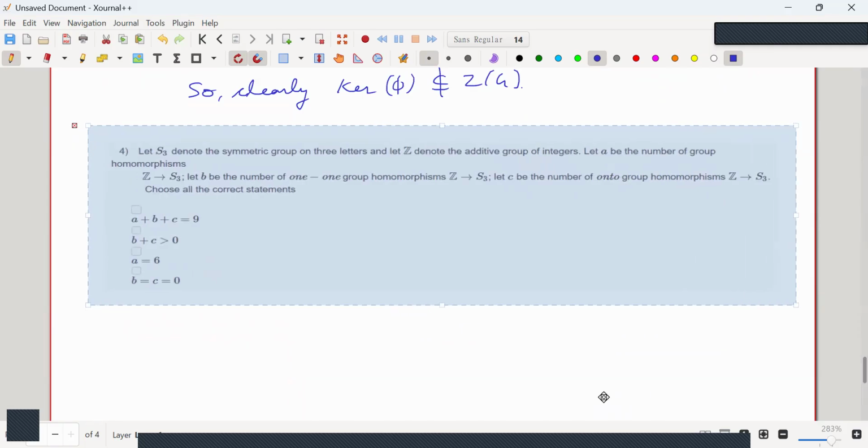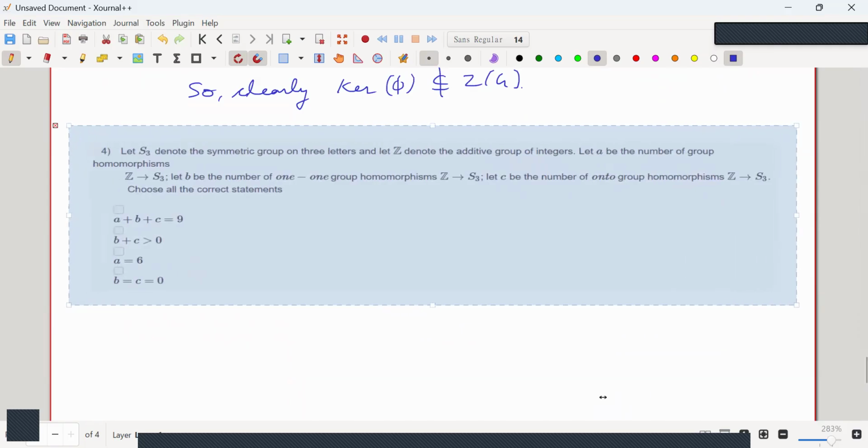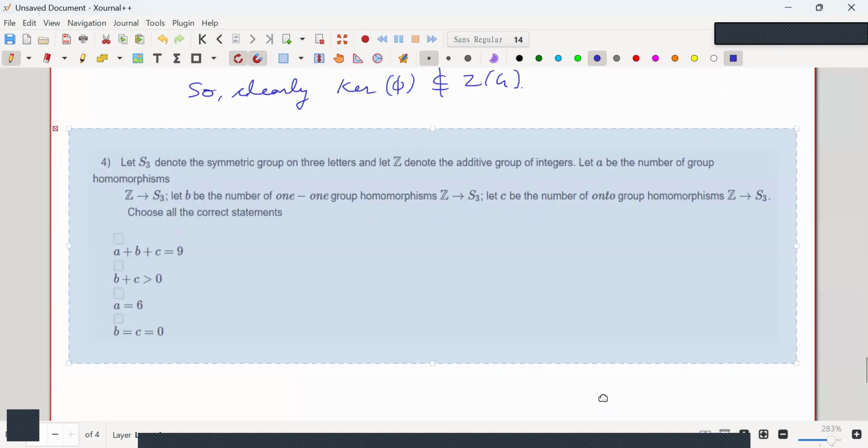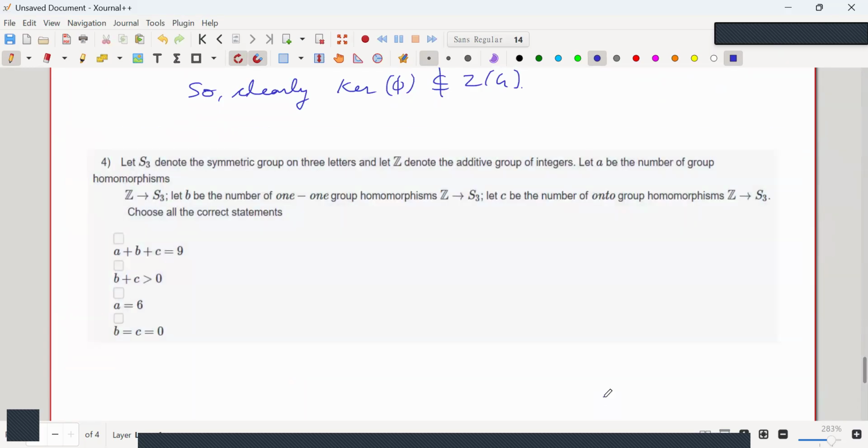So let S3 denote the symmetric group on three letters, and Z denote the additive group of integers. Let A be the number of group homomorphisms from Z to S3, B be the number of 1-1 group homomorphisms from Z to S3, and C be the number of onto group homomorphisms from Z to S3. Choose the correct statements.